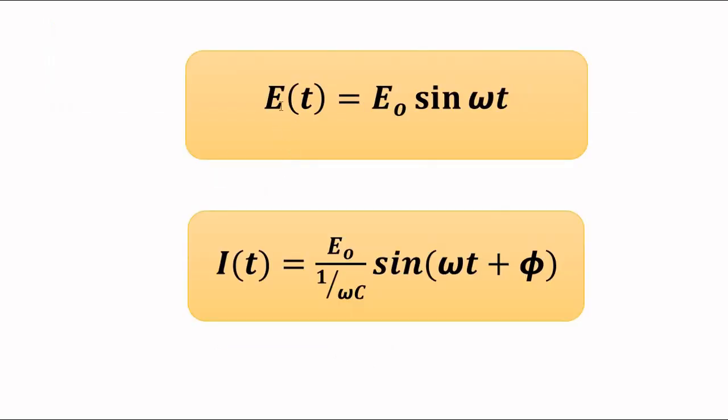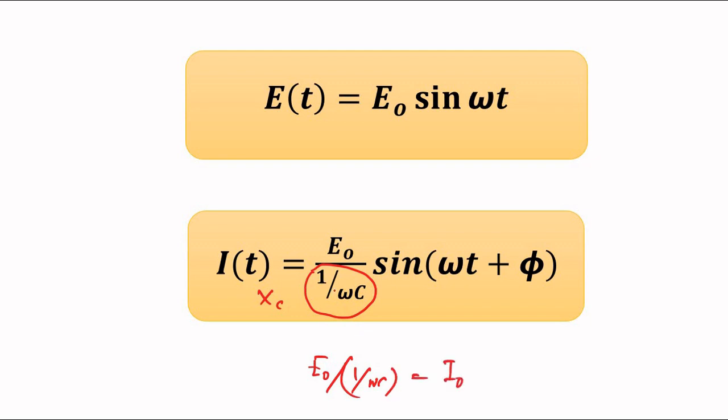And these are the time varying EMF and time varying current expressions. Same E0 sin omega t, and the current here is E0 by (1 by omega C), where 1 by omega C is the capacitive reactance, and E0 by (1 by omega C) is the maximum value of the current.